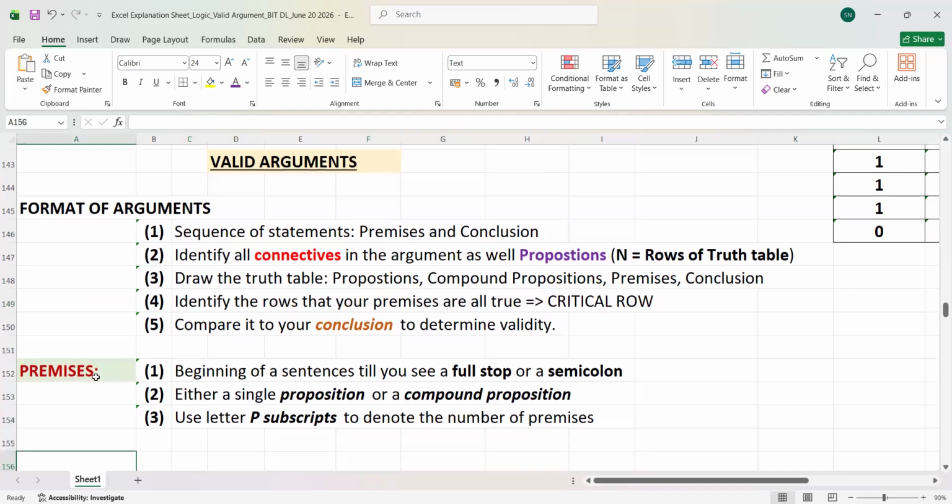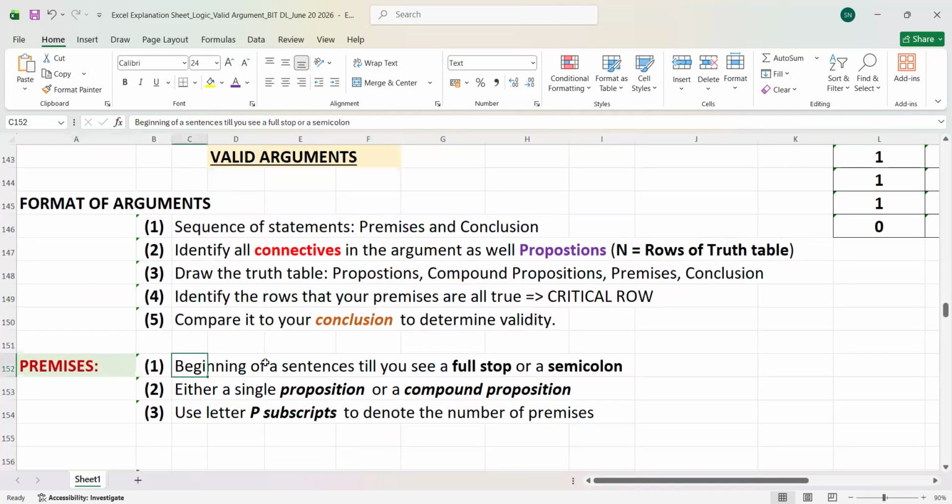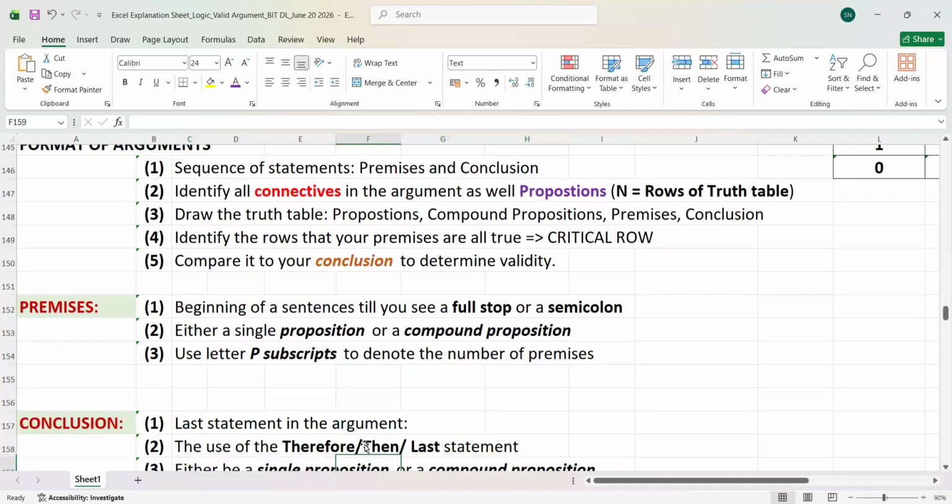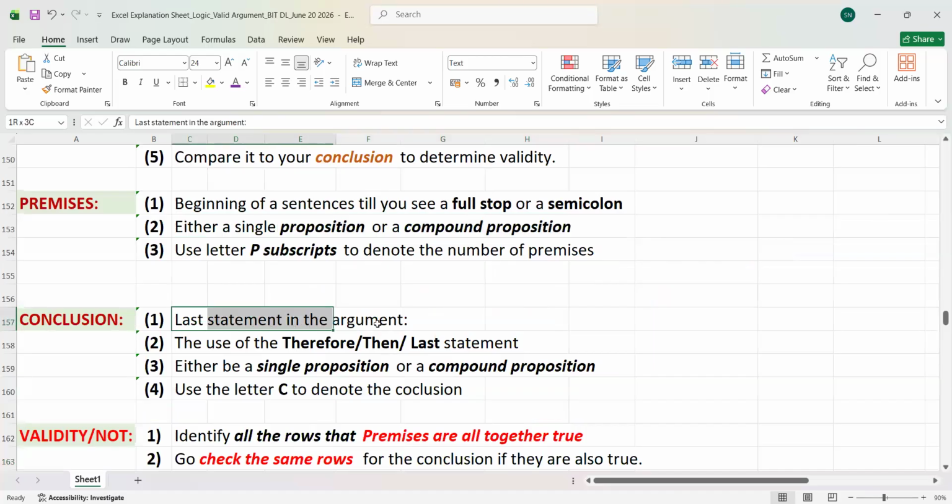Secondly, the premises in a problem are the beginning of a sentence till you see a full stop or a semicolon. They can be single propositions or they can be compound propositions. And we use the letter P subscript to denote the number of premises. For conclusion, they are always the last statement, and we normally use the word therefore sometimes.